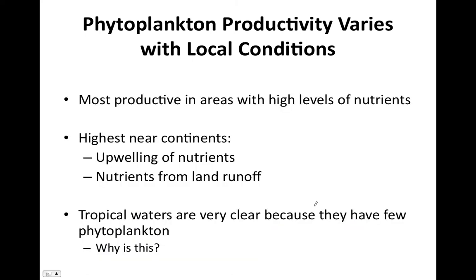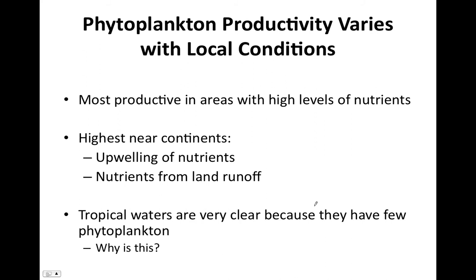So the most productive areas, as we mentioned, are those with high levels of nutrients. The highest nutrients exist near the continents, where we have wind-driven upwelling of nutrients along coastlines, or nutrients flowing into the ocean from rivers. Rivers flush nutrients into the water, river deltas.